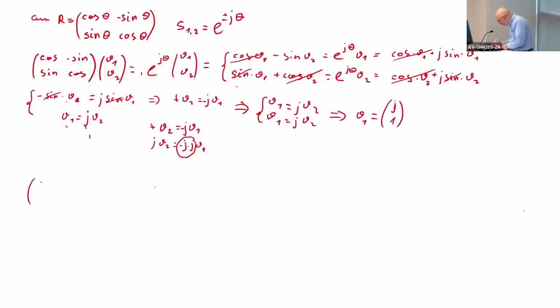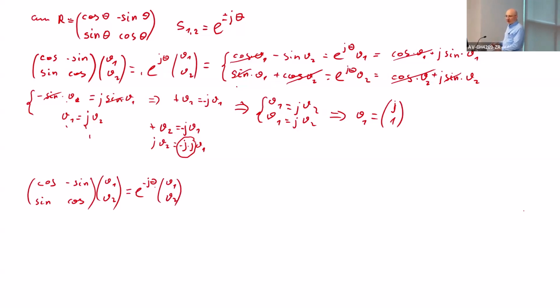All right, the second one goes very similarly. So you have cosine, minus sine, sine, cosine, times v1, v2, equals exponent of minus j theta times v1, v2. A different eigenvalue.